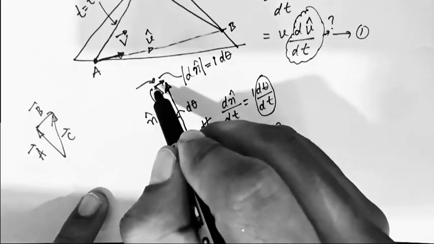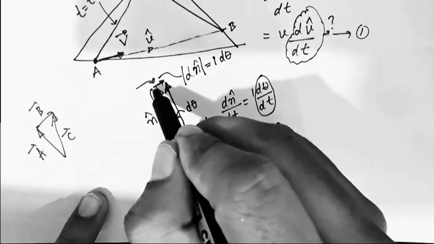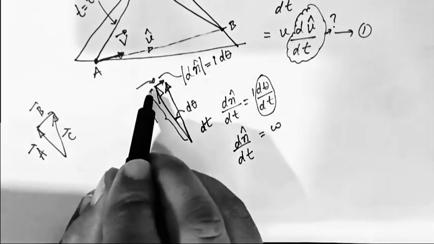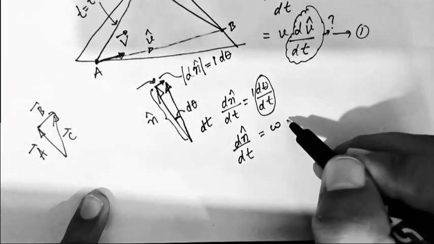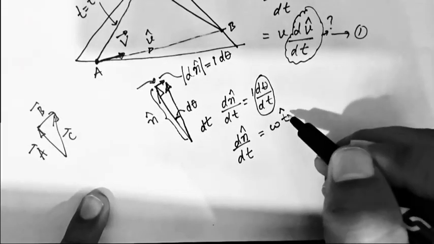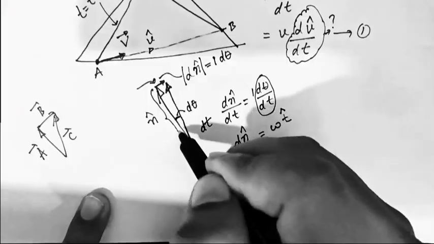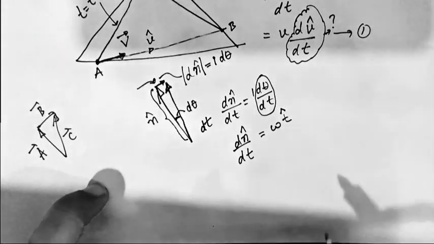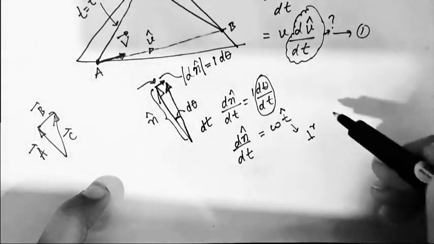Well, in a small interval of time, this unit vector will go here. Therefore, this change in the unit vector, which is dn cap, will be perpendicular to this n cap, isn't it? So I can write a vector like t cap. T I have used because you can call this tangent if you call this radius. But remember, t cap is perpendicular to this n cap.